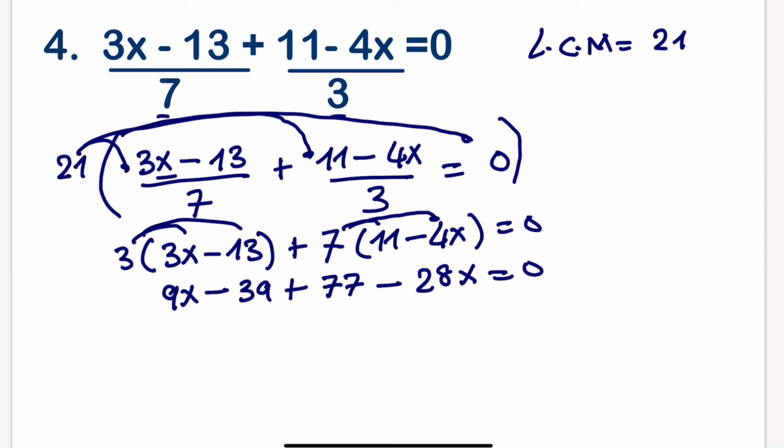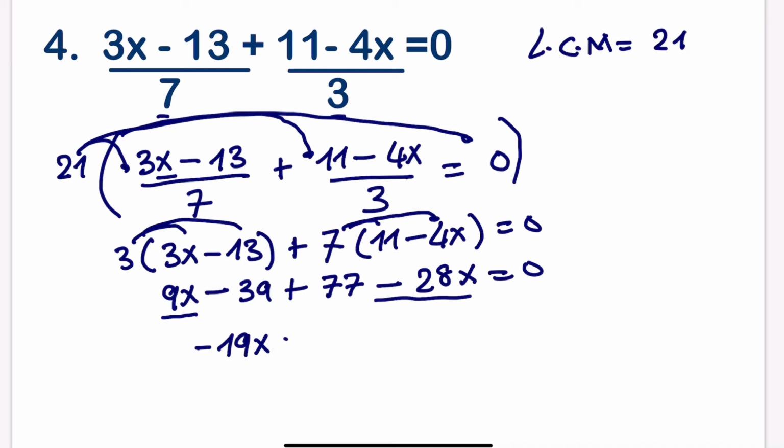We need to bring the like terms together. So 9x minus 28x will give us minus 19x.